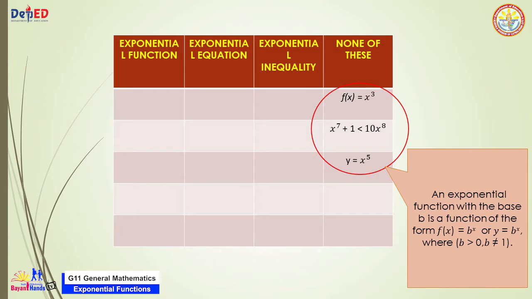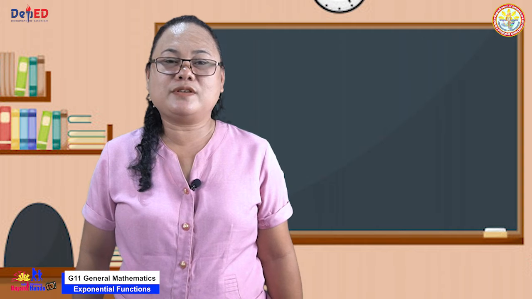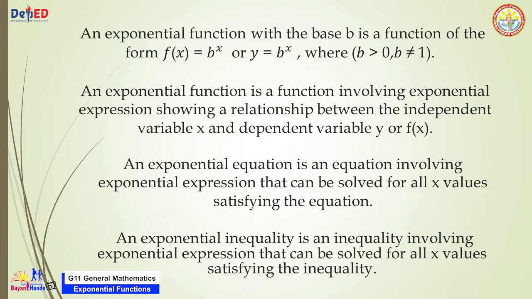To be more specific, the base must be greater than 0 but not equal to 1, and its exponent is a variable.